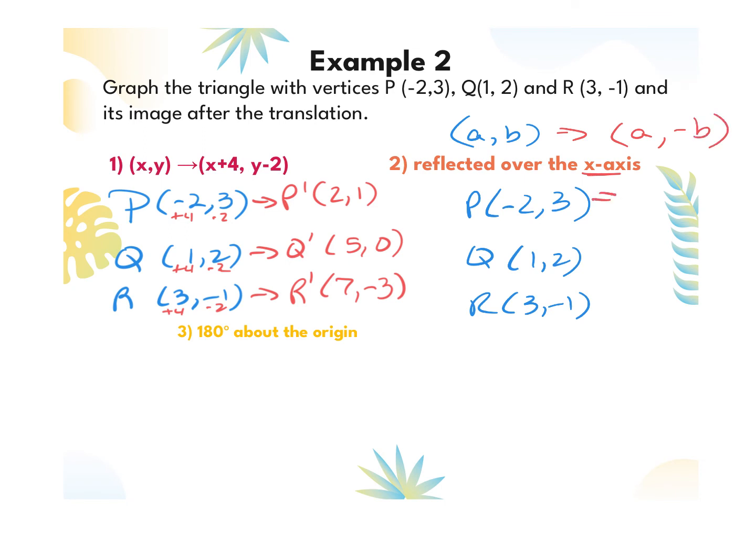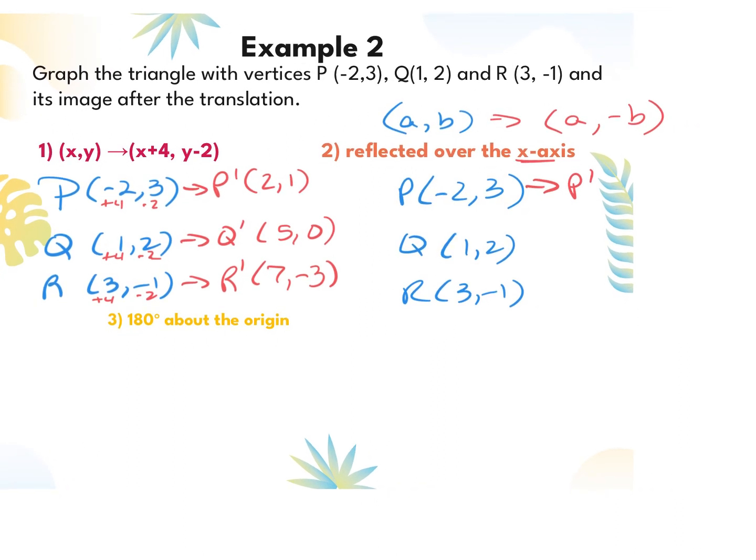So my new order pair for P, X stays the same, Y is opposite. The new Q, X stays the same, Y opposite. The new order pair for R, X the same, Y opposite.